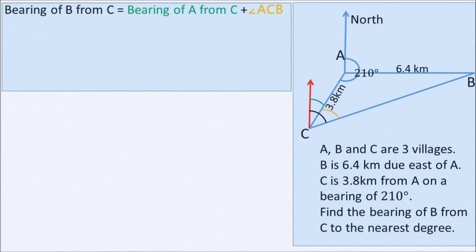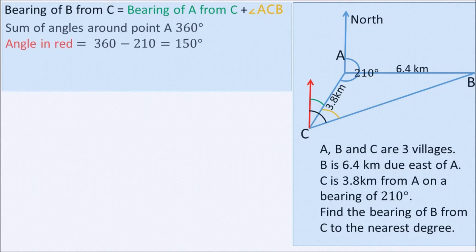However, one of these rules is that the sum of angles around any point, including this point A, is equal to 360 degrees. And since this angle, which is the bearing of C from A, equals 210 degrees, it follows that that angle in red is equal to 360 degrees minus 210 degrees, which is equal to 150 degrees.